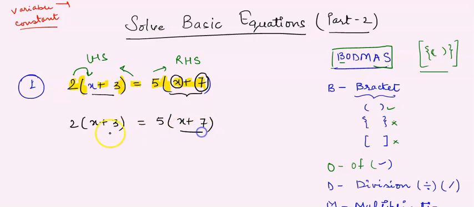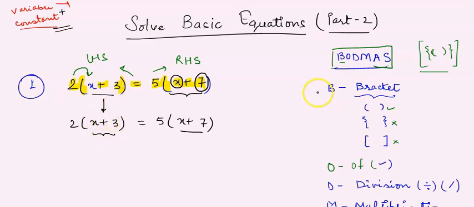We cannot add the two terms. If in place of x we had 2 and plus 3, then we could add them, and it would be 2 plus 3 equals 5. But we have x, so we cannot directly add a variable plus a constant, right?